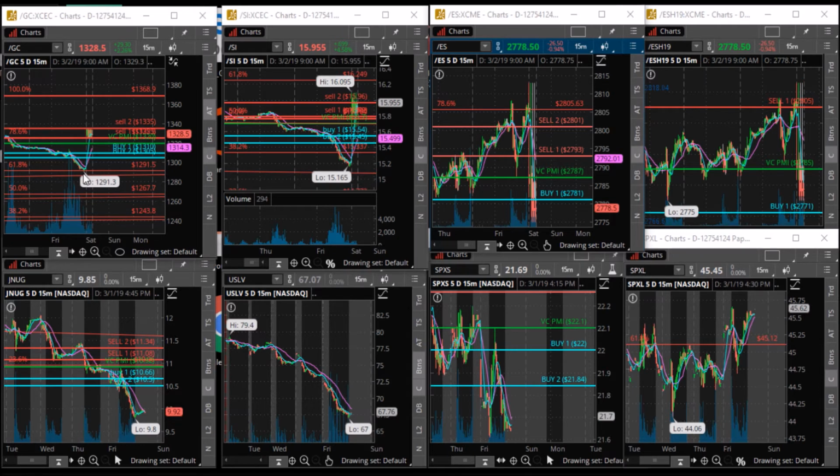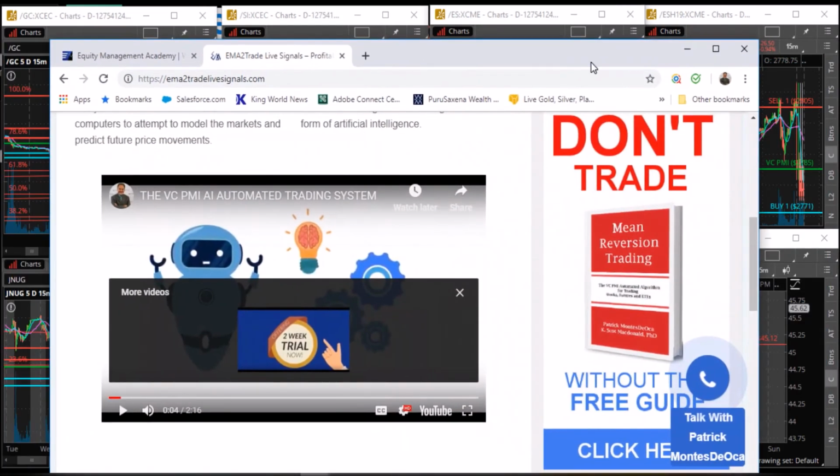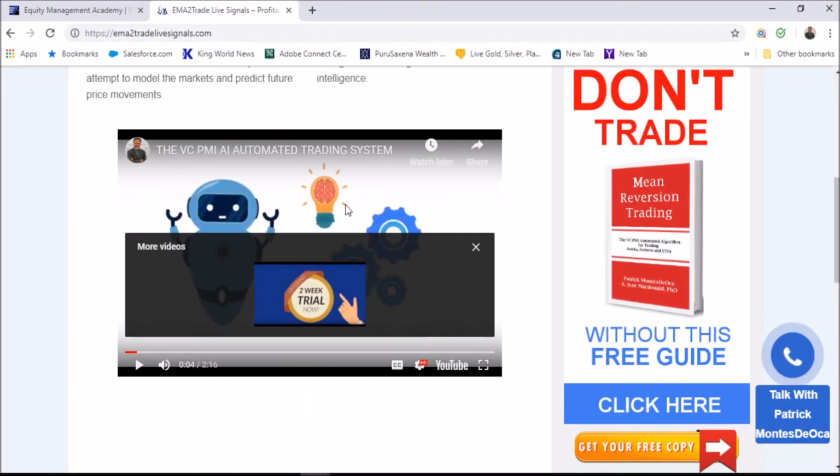If you look at the chart on the left, $1291.30 was the low, and we were able to cover the shorts. And now we're waiting for the weekly reports to be published here this weekend, in order for us to evaluate the position over the weekend, see what the indicators are, and go from there.